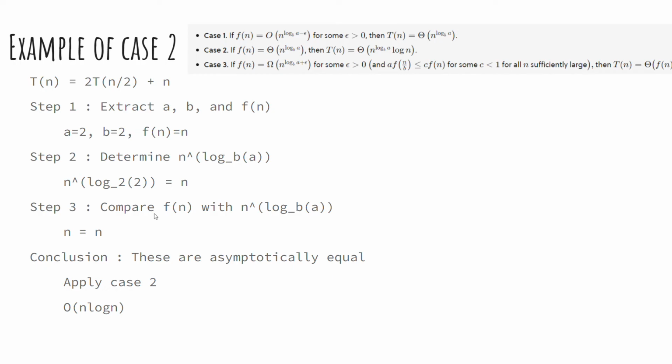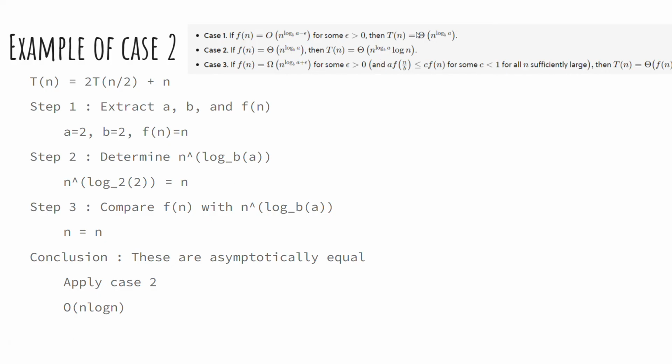Now when you compare f(n) with n^(log_b a), both of them are asymptotically equal to each other, right? So we'll apply case 2, which says that T(n) = Θ(n^(log_b a) · log n).